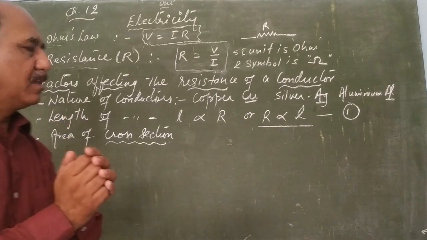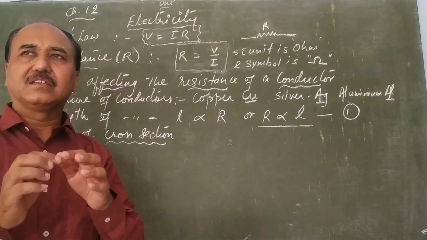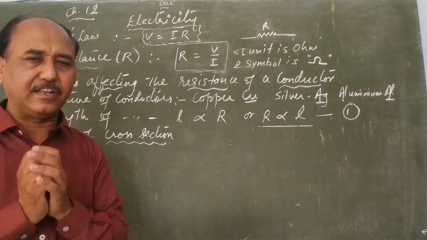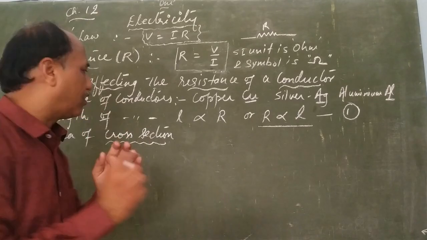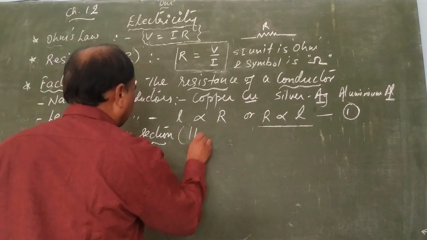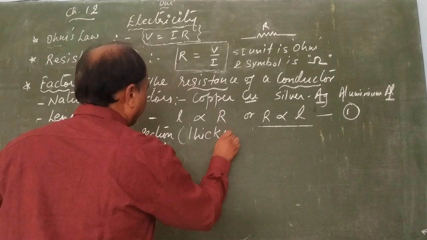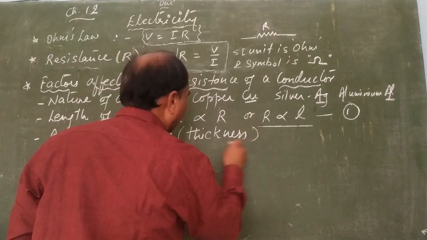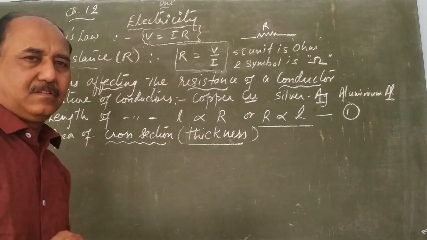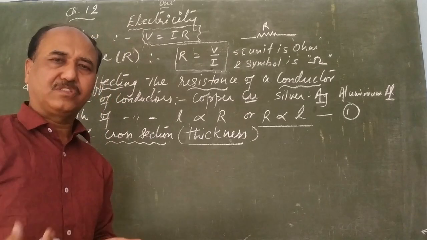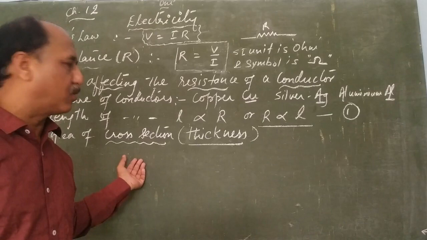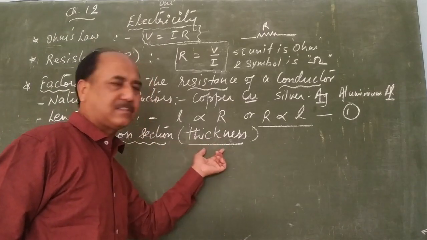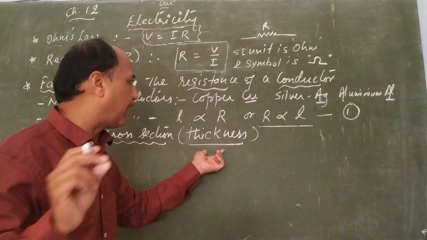Conductors are generally circular or cylindrical in shape, and when I say cross section, that is called its thickness. How thick is our conductor? Less thick, more thick.